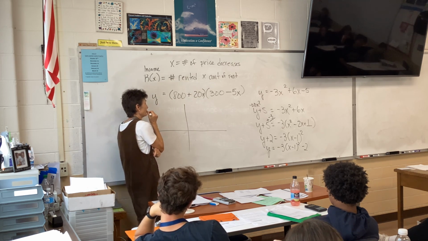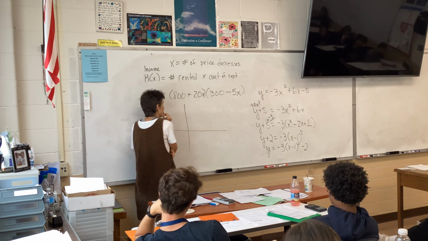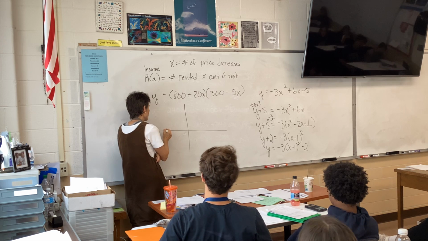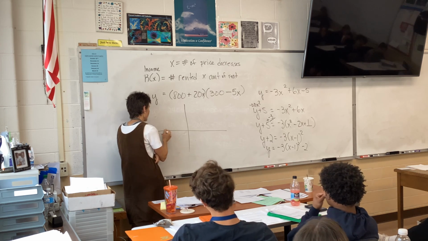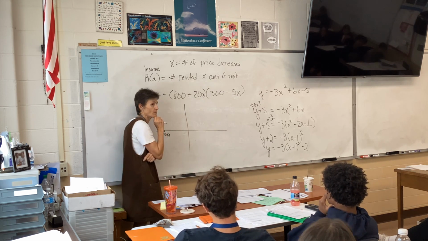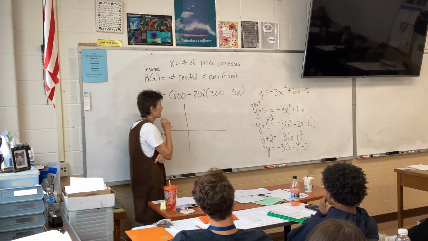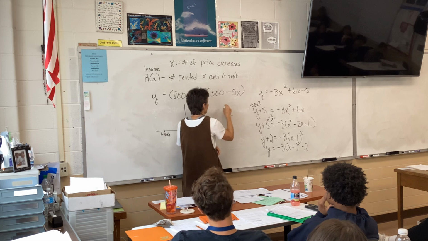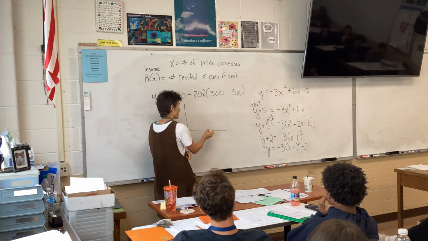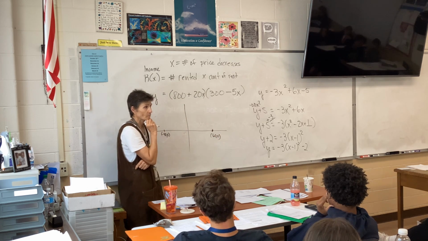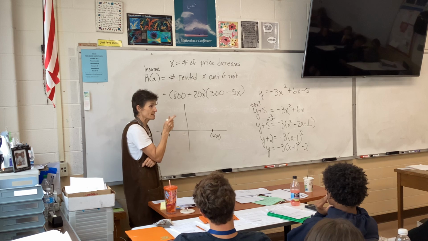If I were to let x be negative 40, would you agree that my y value would be 0 if I put negative 40 in there for x? And if I put 60 in for x, I would get 0 for y?